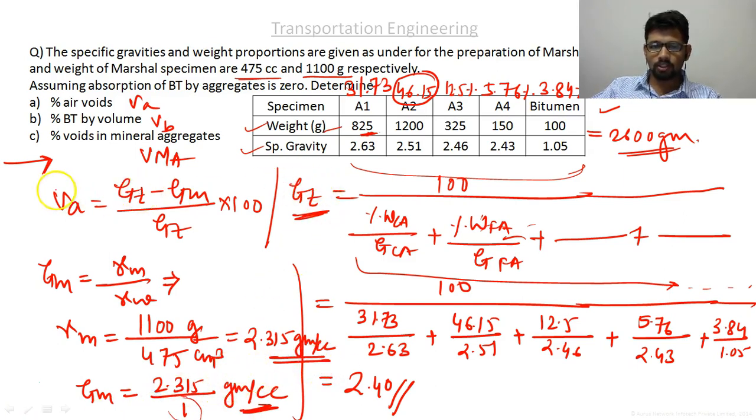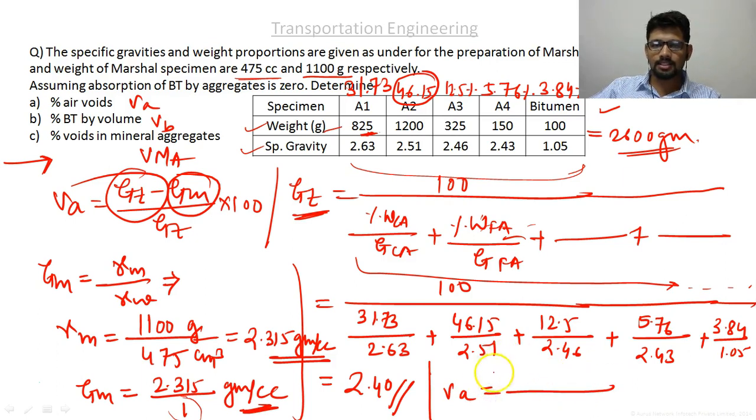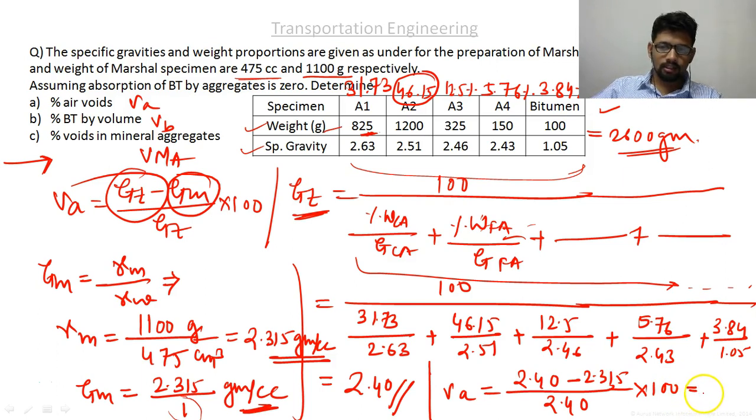Now in this formula we have calculated GT as well as GM, and we needed these two values. So VA is equal to GT 2.40 minus GM 2.315 upon 2.40 into 100, which gives VA equal to 3.8 percent.